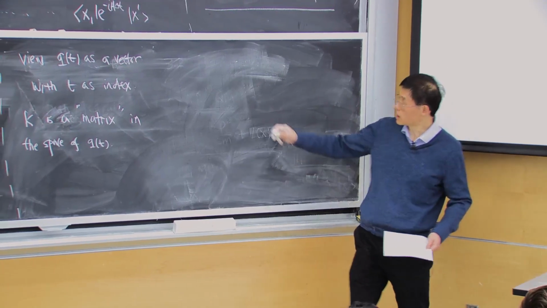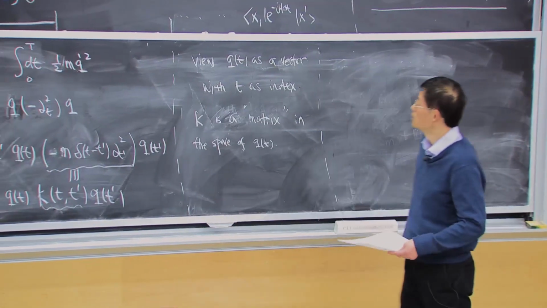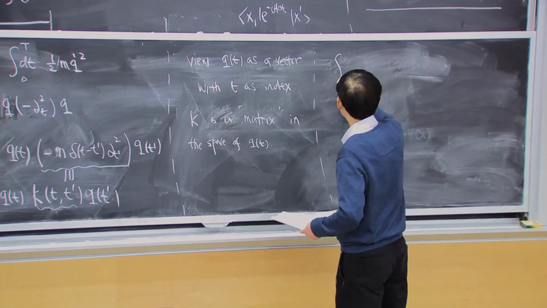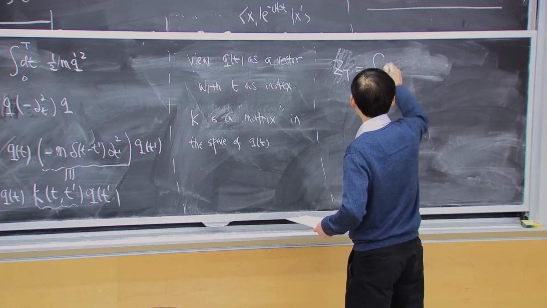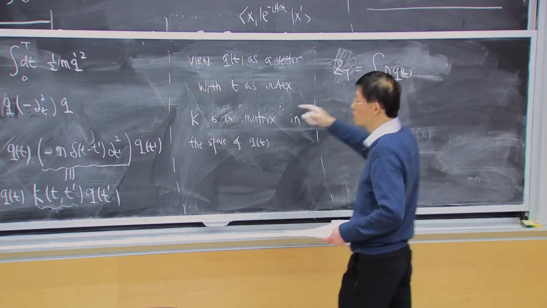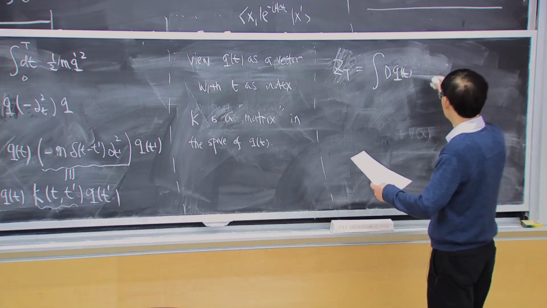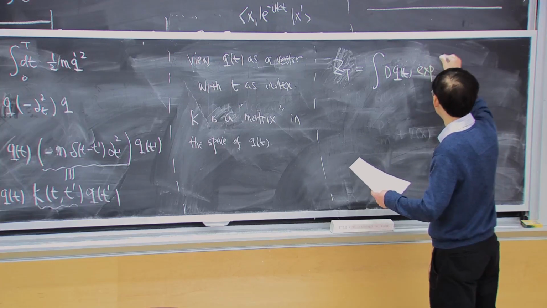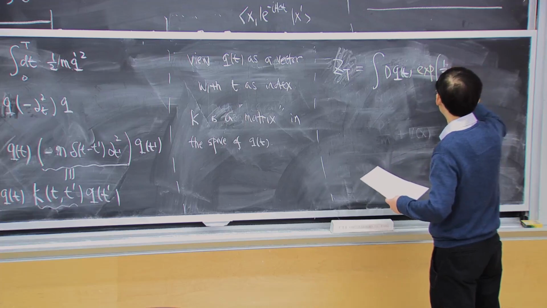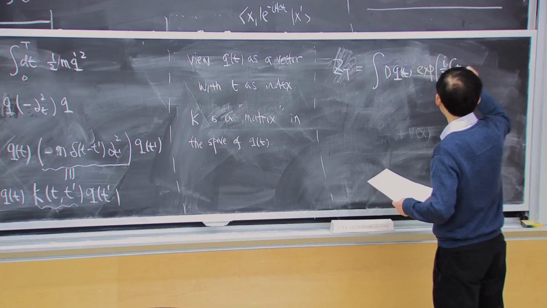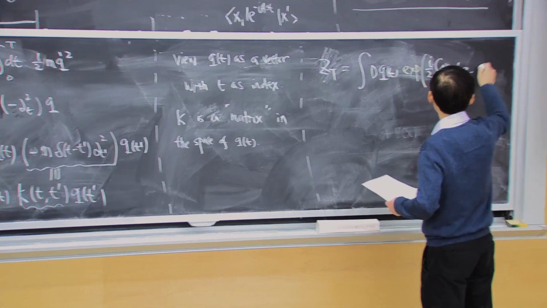So when I write this form, then we have the integral over dq(t). For simplicity, let me suppress the initial and the final values. Then you have 1/2 integral dt dt prime, and let me also suppress the arguments, so you have q dot k dot q.